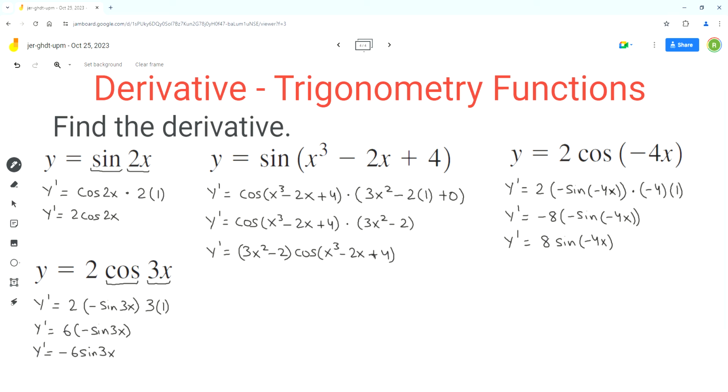Now we cannot move the negative sign out of this 4x term, so it will stay as it is because that's how it is given in the function. So this should be the final answer for the derivative of the fourth function.